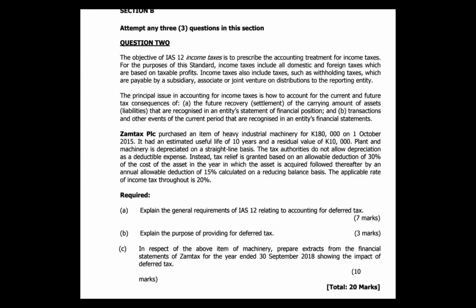The question was number 2, and it reads: the objective of International Accounting Standard number 12, income taxes, is to prescribe the accounting treatment for income taxes. For the purpose of this standard, income taxes include all domestic and foreign taxes which are based on taxable profits.